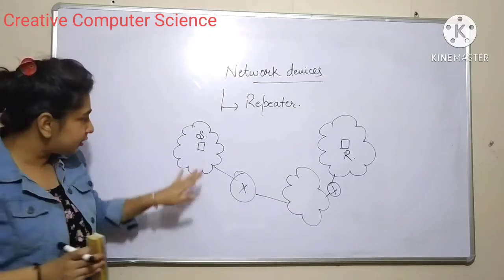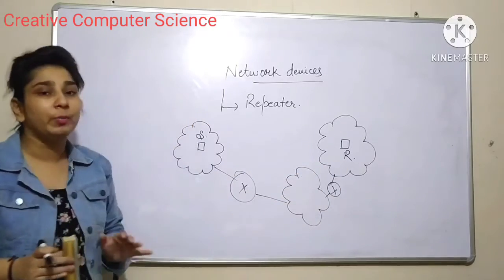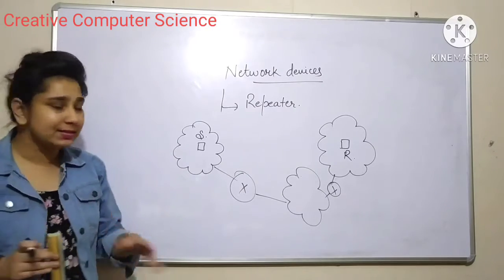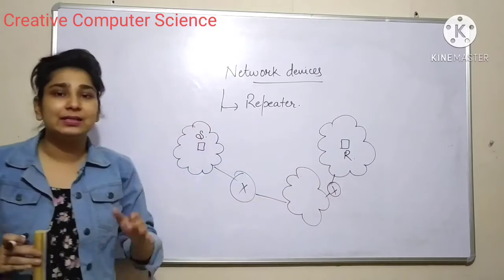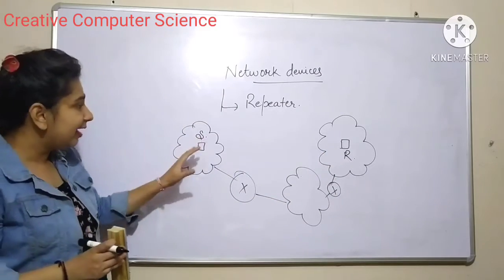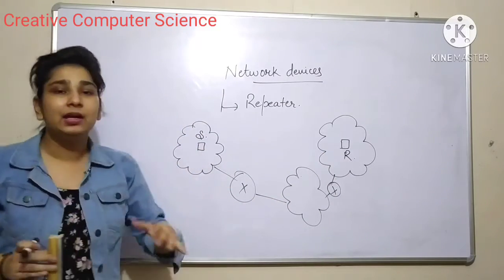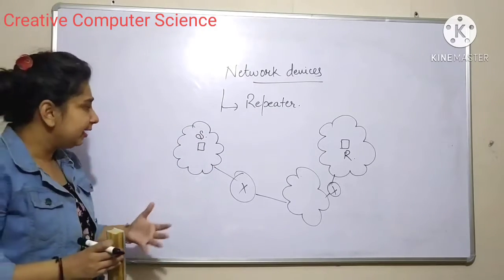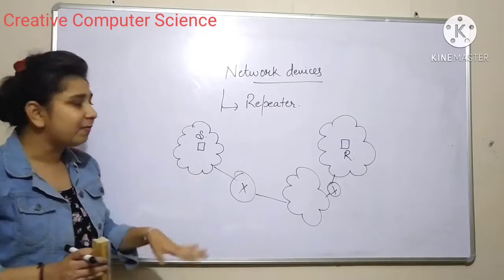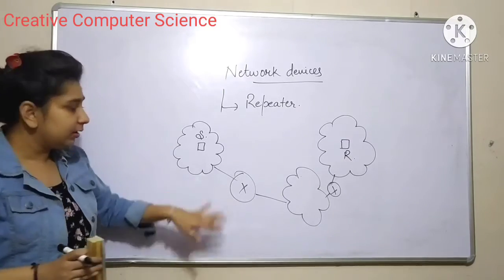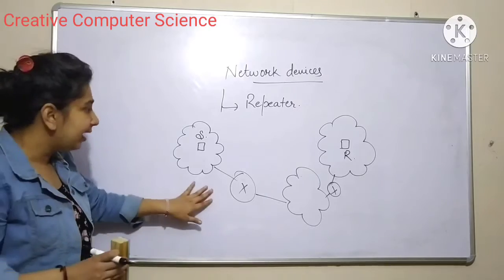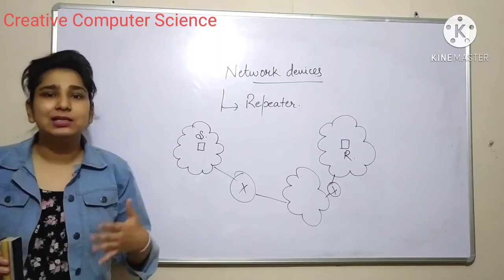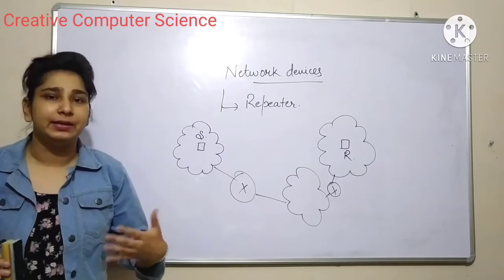Let's assume that the distance between these two devices is very large, both devices are at a great distance. And we have limited capacity: after a certain period of time, your signal strength is going to degrade.